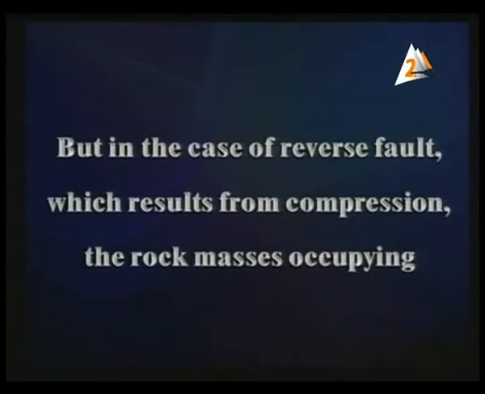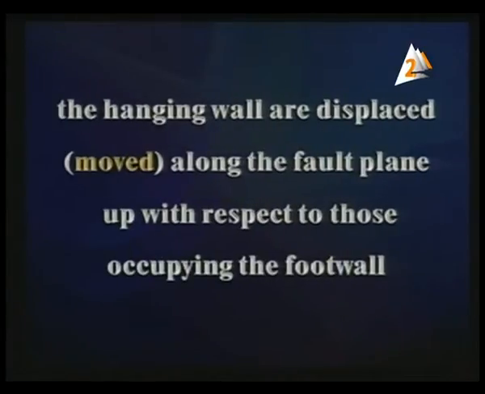But in the case of a reverse fault, which results from compression, the rock masses occupying the hanging wall are displaced or moved along the fault plane, this time up with respect to those occupying the foot wall.